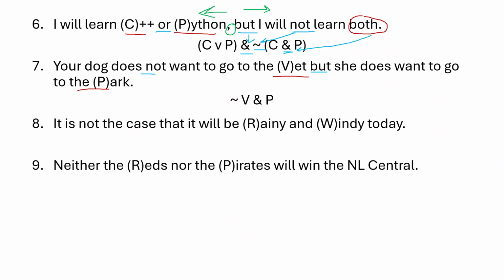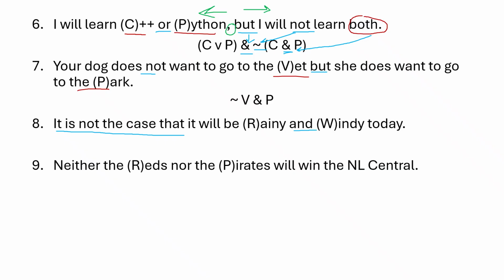Looking at number 8 here, we have a phrase that's important to keep in mind. So it is not the case that means that whatever comes after this is going to be put in parentheses and it's going to have a tilde in front of it. Anytime you ever see the phrase it is not the case that, it's suggesting that everything afterwards is being negated. So that's one indication that we're going to need a tilde.